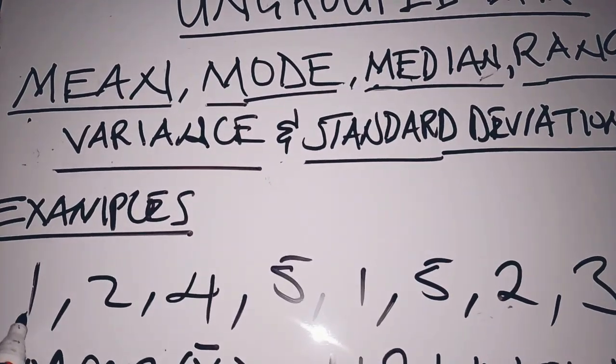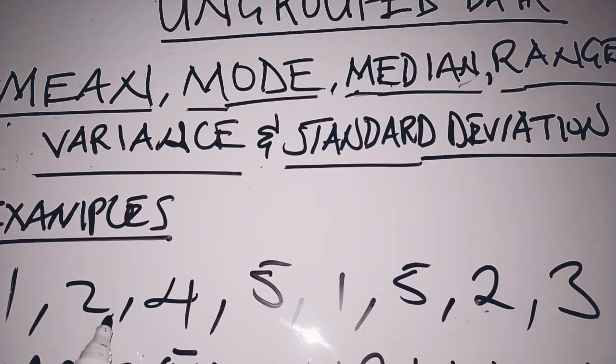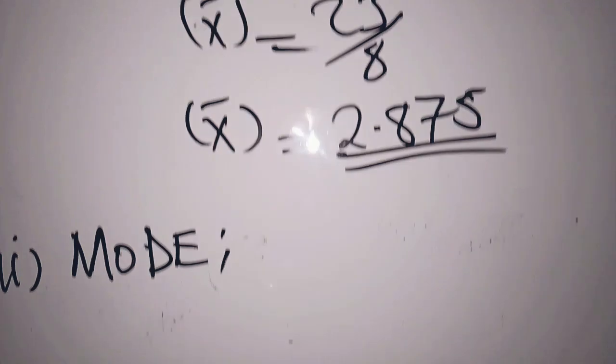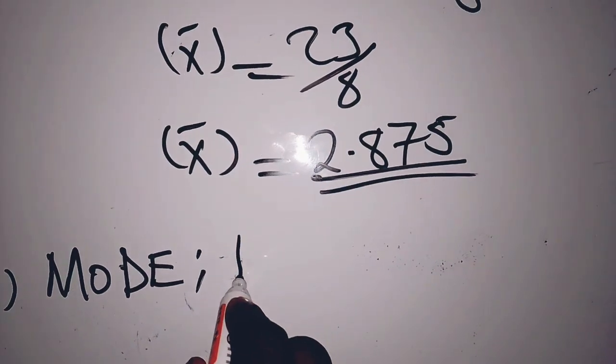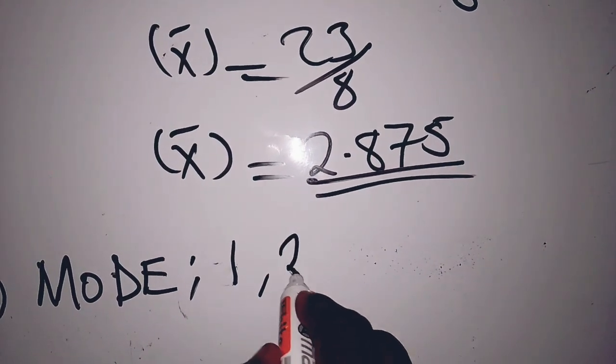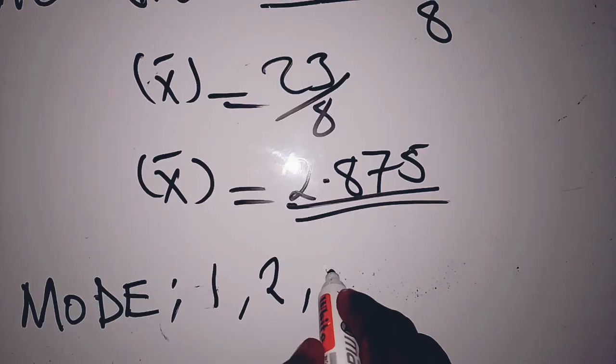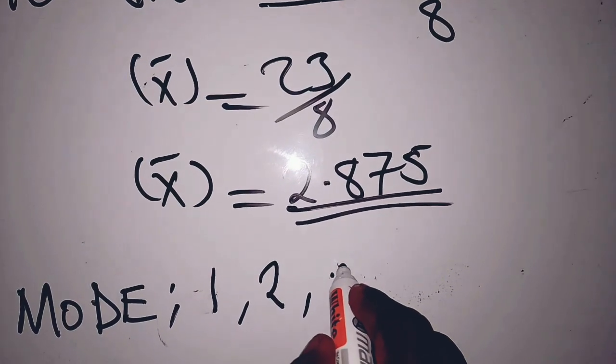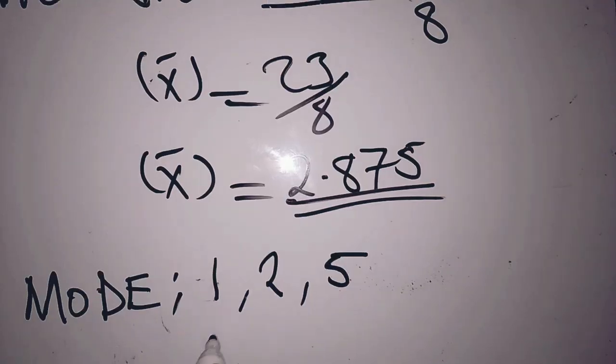1 is coming twice, 2 is coming twice, and 5. Okay, so our modes will be 1, 2, and 5.